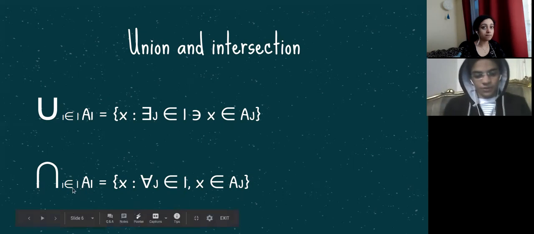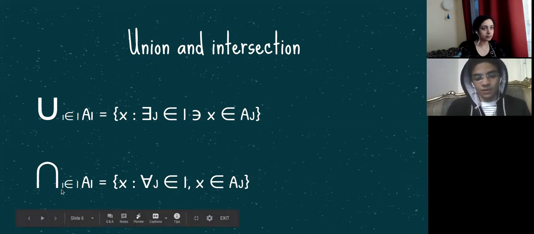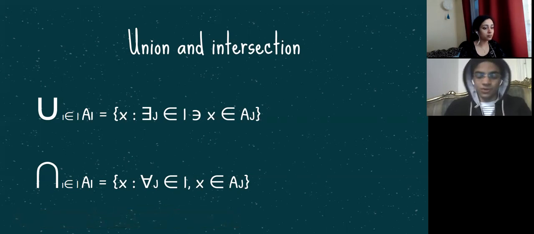So again, this intersection is similar to our older definition, or rather it's the more general form of the older definition. If you had A intersection B, we said that this means all the elements that belong to both A and B at the same time. So I'm here saying the same. Taking the intersection over all A sub i means that x belongs to A sub i for all i.